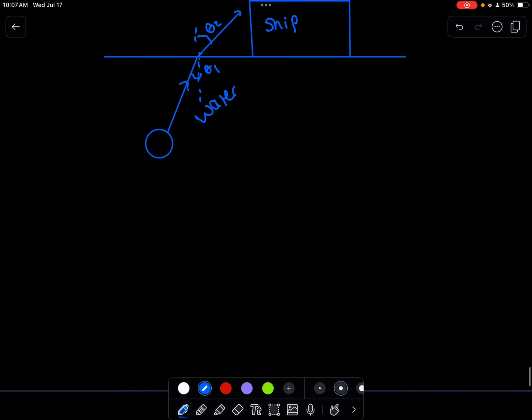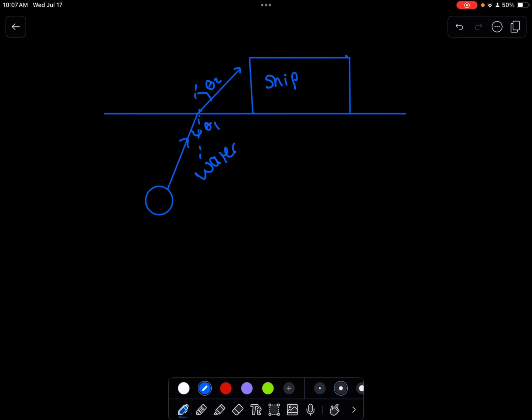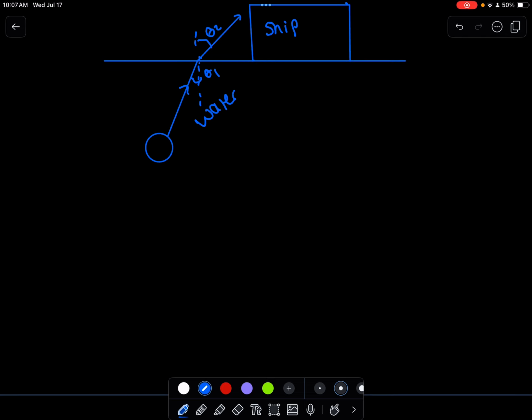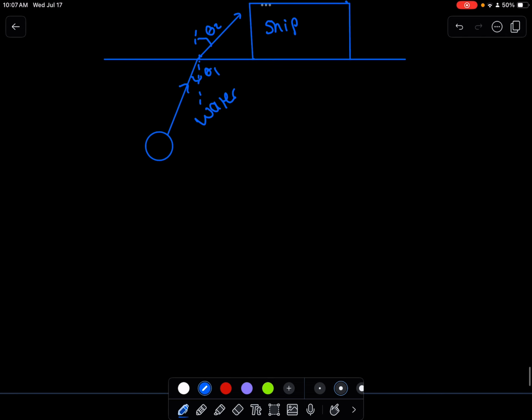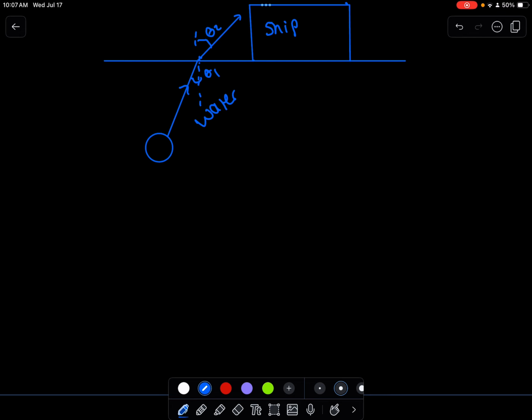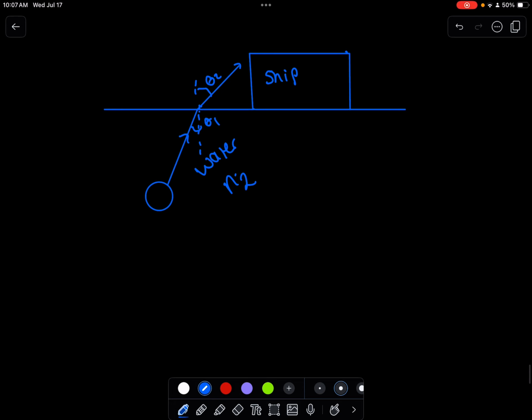So light isn't just going to refract. There is actually going to come a point where the light begins to reflect off the ship. And this is known as the critical angle, which is when you are at a boundary. There is an angle between when you're going from a higher index of refraction to lower.